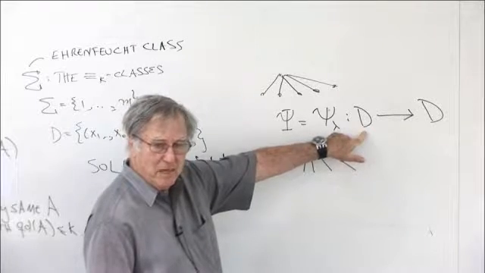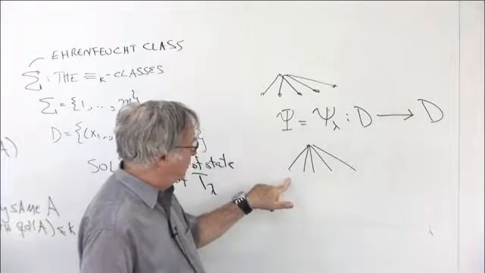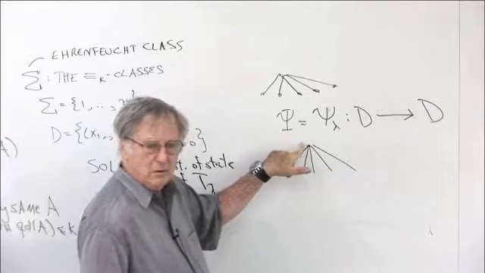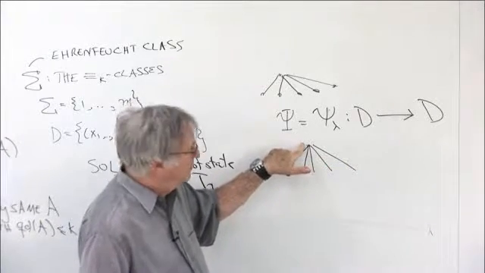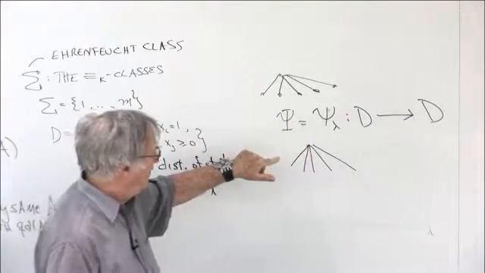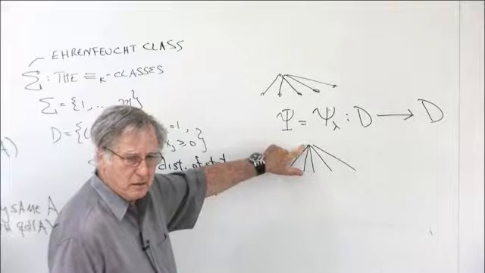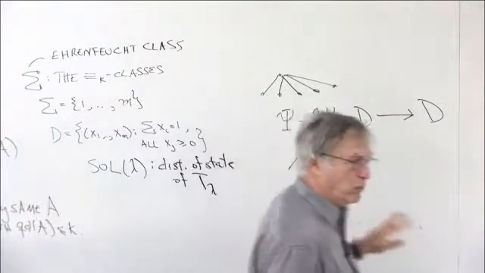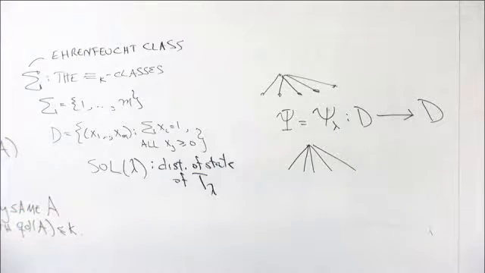And you do them independently. Now you know the states of all the children. Therefore, you've determined, in this way, the state here.